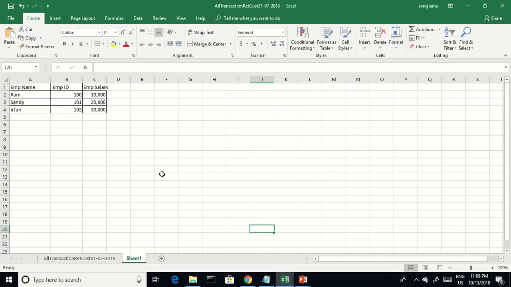For example, a CSV format file or an Excel file, where we can have the employee name, employee ID, and employee salary. It is completely distinguished, with the name of the employees, employee IDs, and the salary very clearly mentioned. This type of data we can say is structured data. It has clear-cut, very meaningful information.